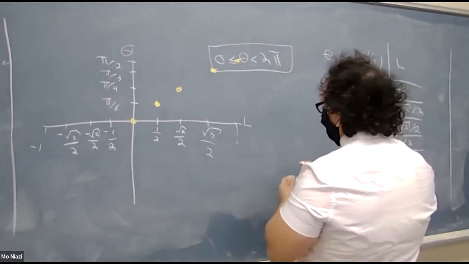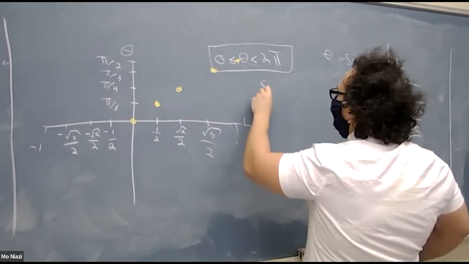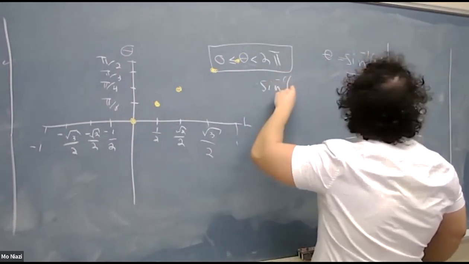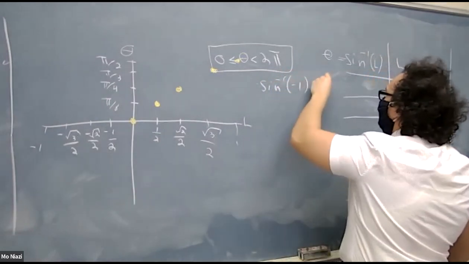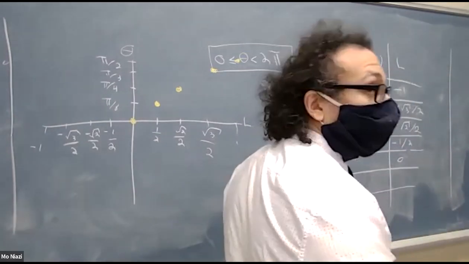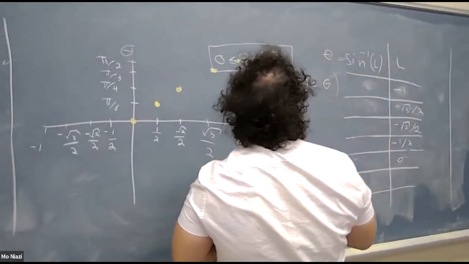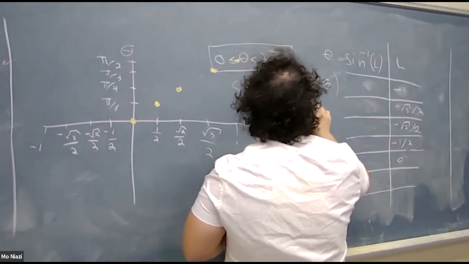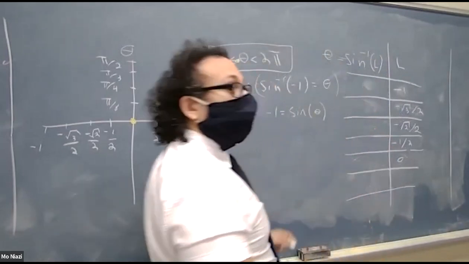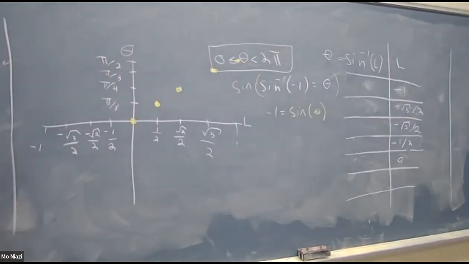Let's see. What is the sine inverse of negative 1 equal to? Well, it equals a theta, doesn't it? It equals some angle. Then what you can do to undo the sine inverse is take the sine of both sides. So you get negative 1 is equal to the sine of theta. We're looking for what is theta.